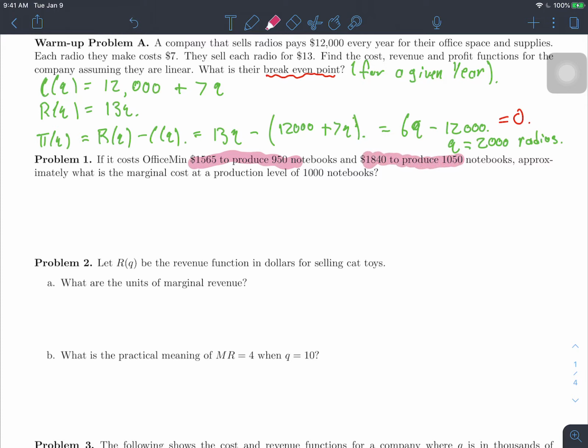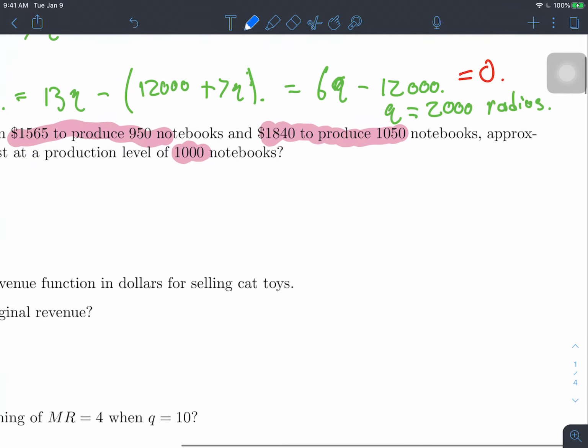We have 2 points on our graph, and we're asked to estimate what we think the slope of the function is halfway in between those 2 points. So if I was to draw what's going on here, it would look like something like this.